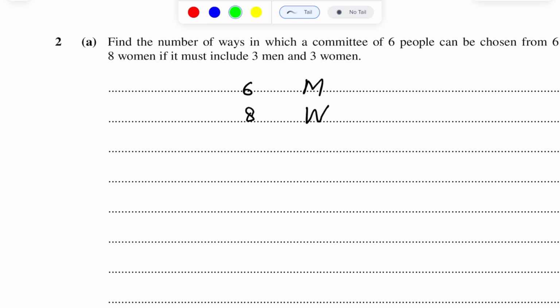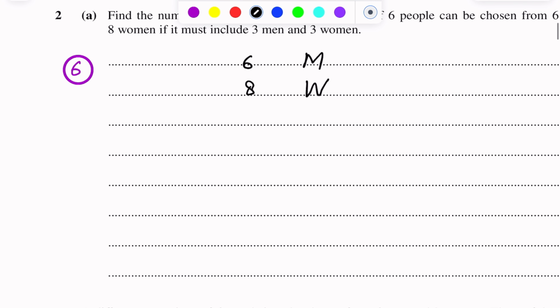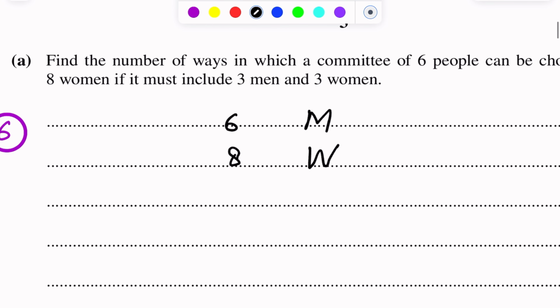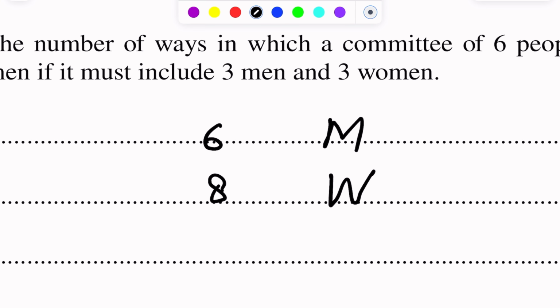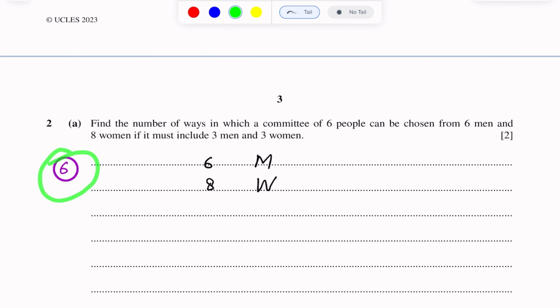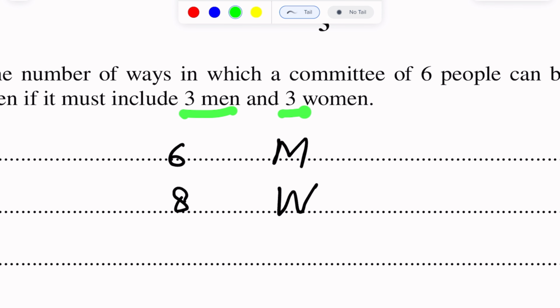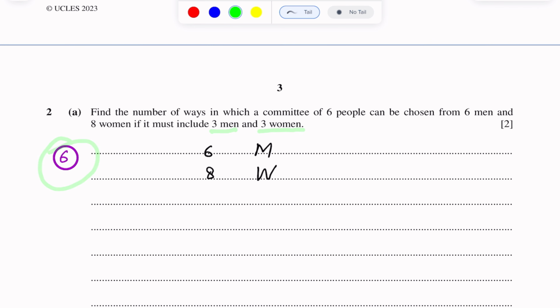But the restriction is that we have to select 6 people, and these 6 people must include 3 men and 3 women. So we will take 3 men from 6 men and 3 women from 8 women.